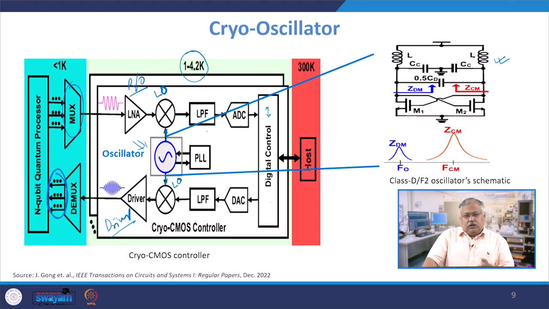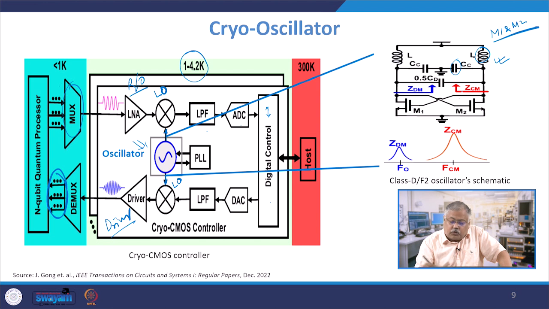There is no change in the architecture of the oscillator because they have been standardized, but this is a simple LC oscillator which you see, and the energy is basically stored in the capacitor and inductor. These cross coupled transistors M1 and M2 are cross coupled inverters, right.